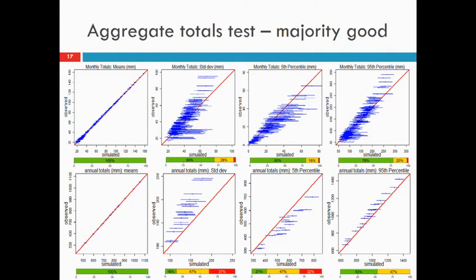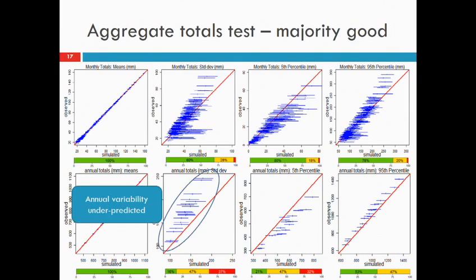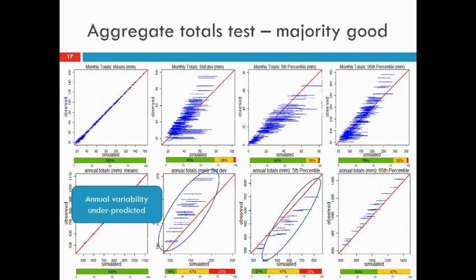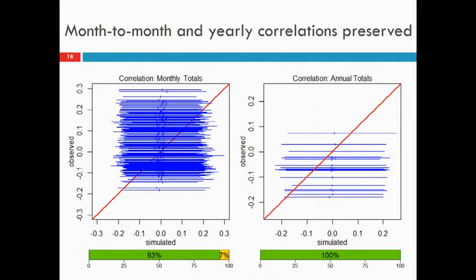And when we looked at annual totals, we had good performance in terms of simulating means. However, we were somewhat under-predicting the annual variability of the rainfall in terms of annual totals, and this has mainly come out in terms of predicting wetter years that should be dry, but not really in terms of the upper tail, so we're still getting good performance for those wetter years.